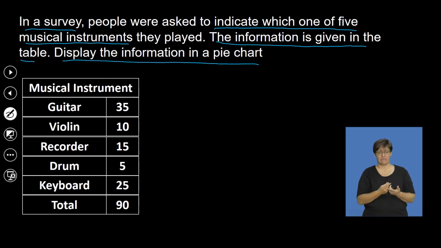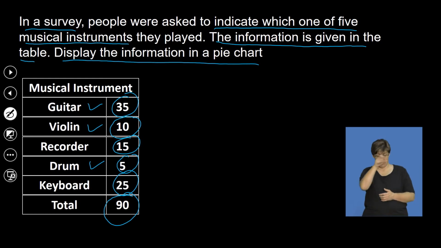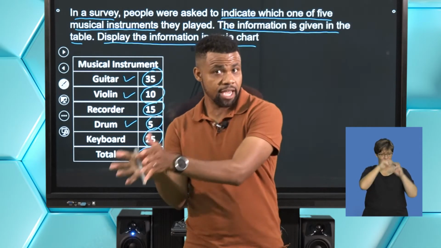We have musical instrument. We have guitar, about 35, play guitar. Violin, 10. Recorder, we have 15. Drum, 5. And keyboard, 25, play keyboard. And in total, we have 90 people took part in the survey.